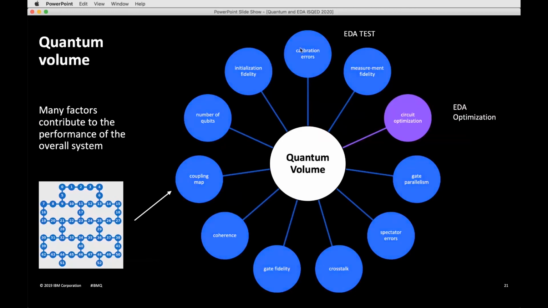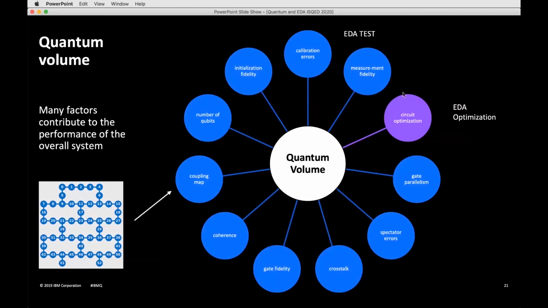This is pretty close to what people in EDA testing have been doing for a long time, right? Trying to test circuits, adjust whatever parameters, and create a big feedback loop depending on the actual in-circuit measurements that are taking place there. So a lot of the EDA test discipline can help out here.